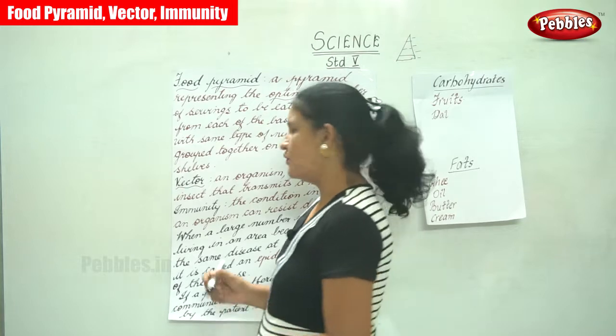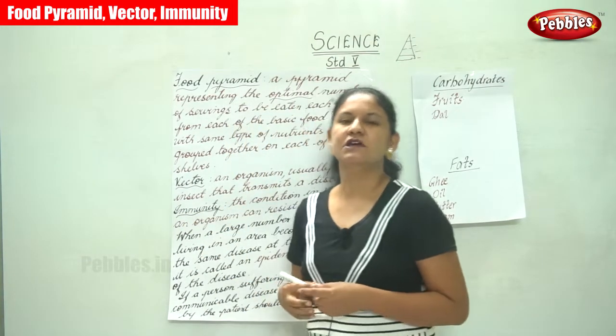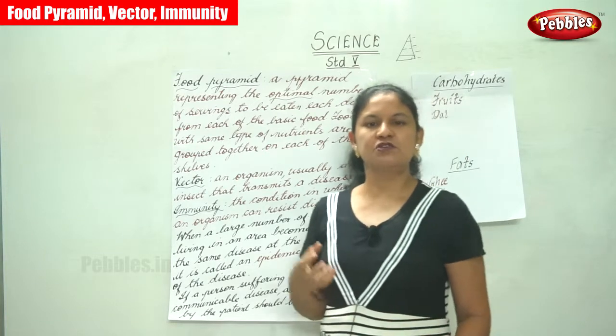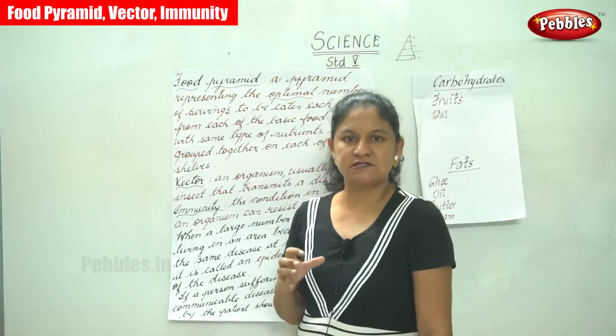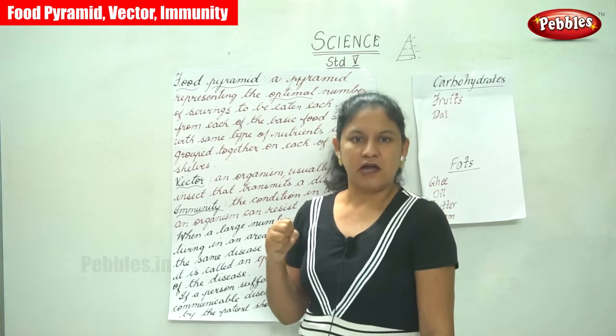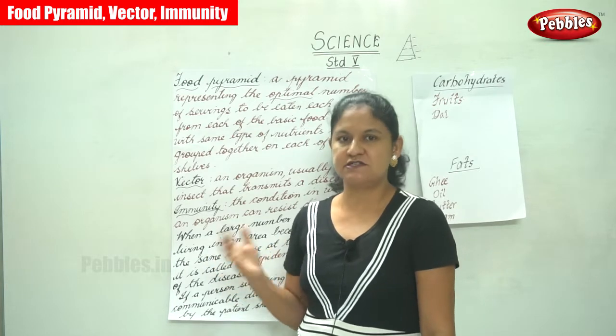The next word is immunity. We have all heard about immunity. We need to eat the correct amount of food and have a balanced diet in order for our body to become immune to any type of disease.